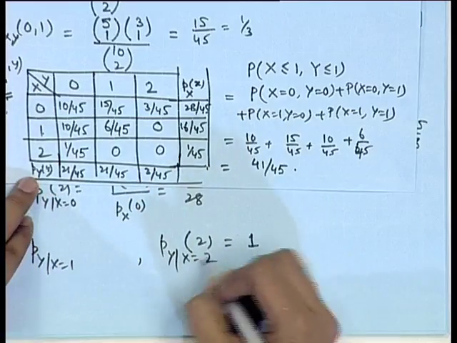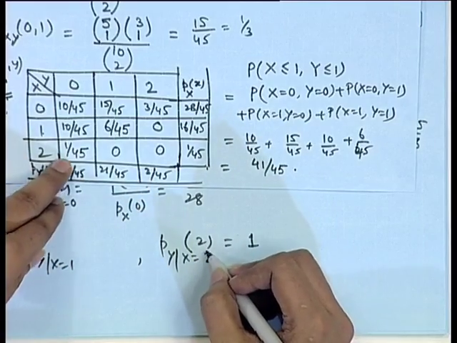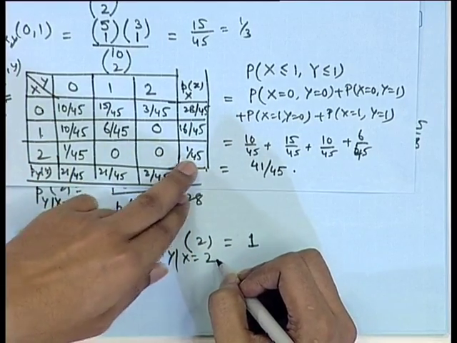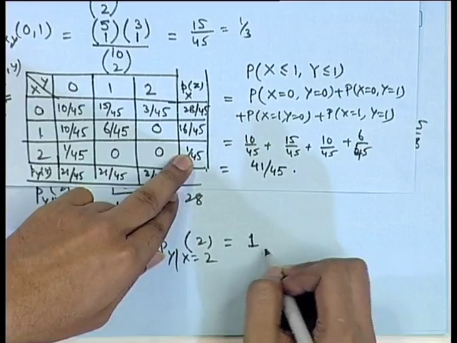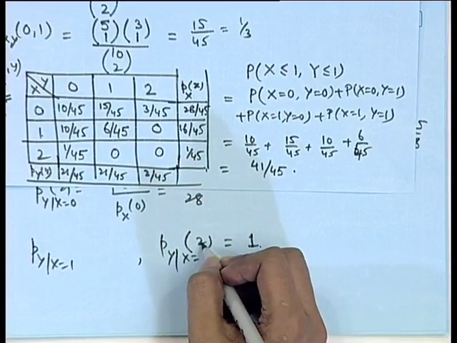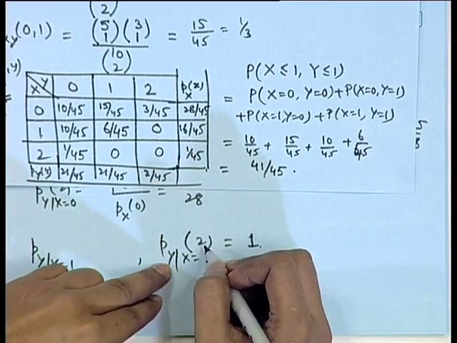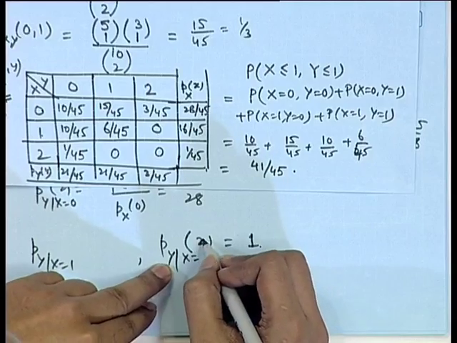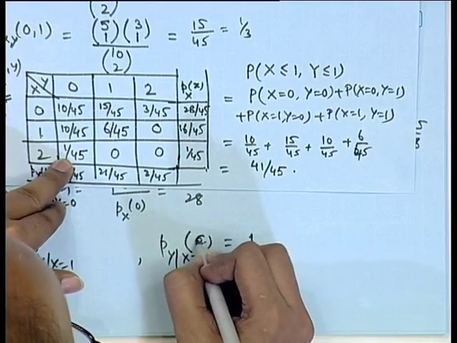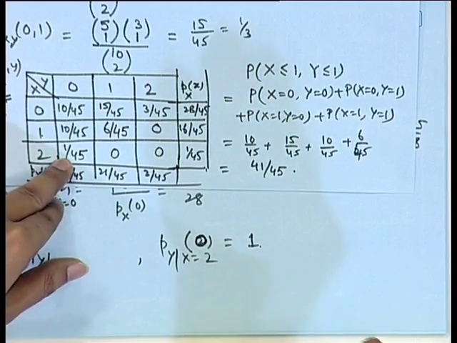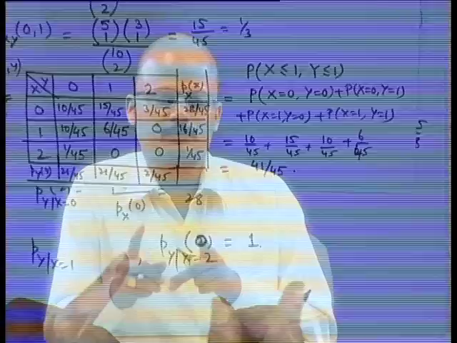This is a degenerate distribution. This is p(2,0) divided by the probability x equal to 2, that is 1 by 45 divided by 1 by 45. Because if x equal to 2 is fixed, then y cannot take any other value except 0. Sorry, I said 2 earlier, this is 0. Because the total number of cars that we are purchasing is 2. Therefore, if one of them has the value 2, then the other value has to be 0.